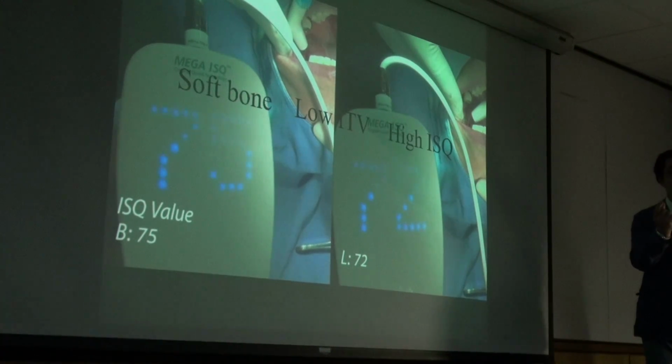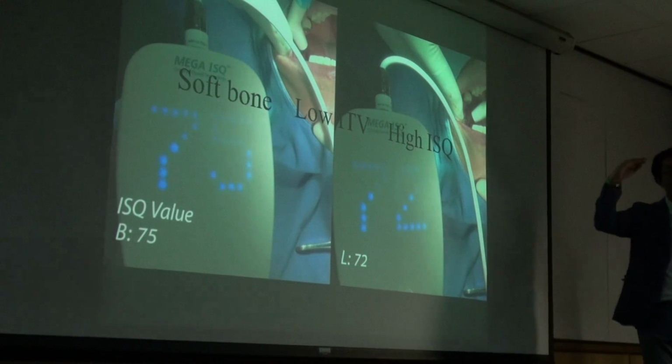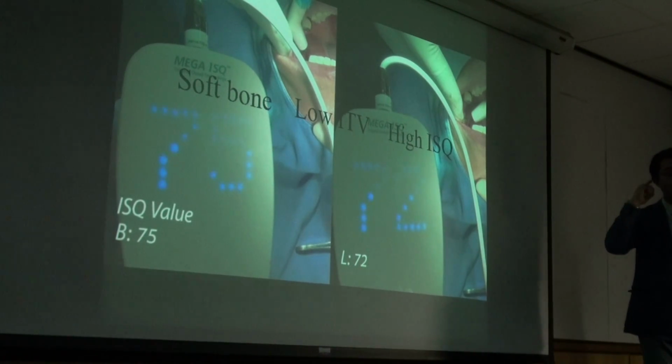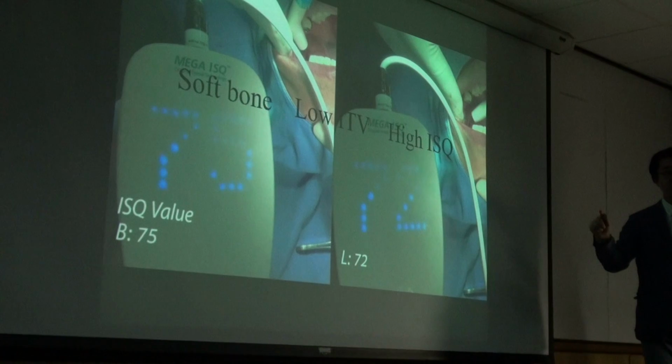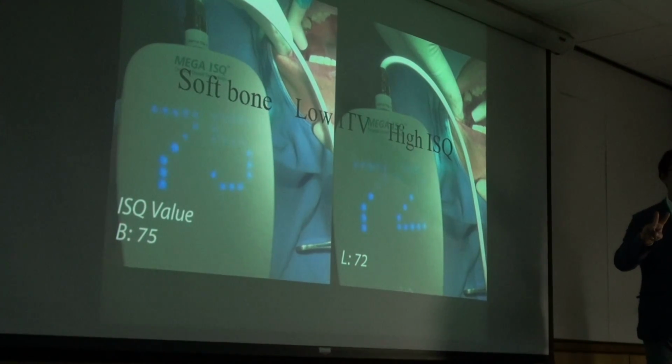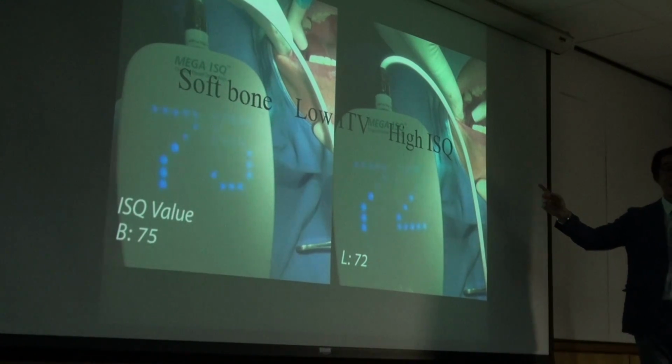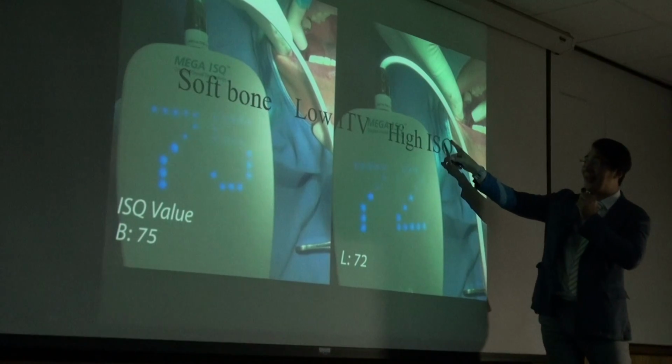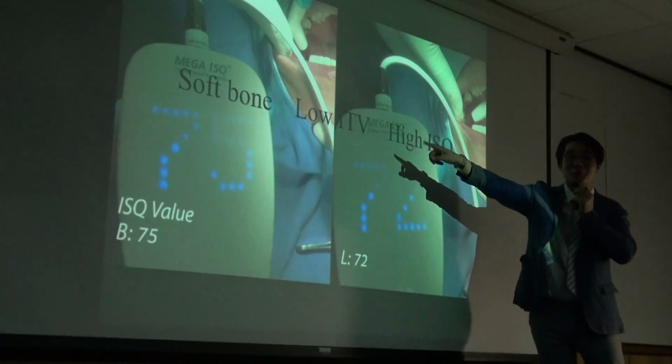Buccal bone density is not good. So at that time, the ISQ value may be a little lower than we can expect. So in medium bone density with an ITV of 50 newtons, I believe these two factors. But when I connect the provisional restoration, I always make it out of occlusion. So actually I believe in insertion torque value more than ISQ.